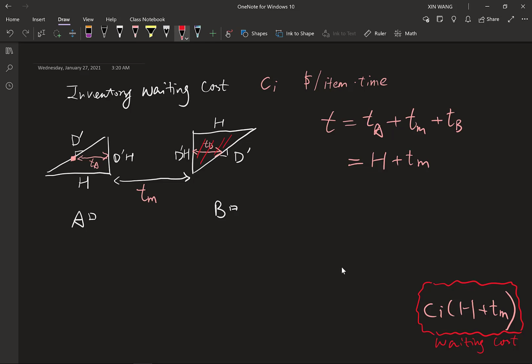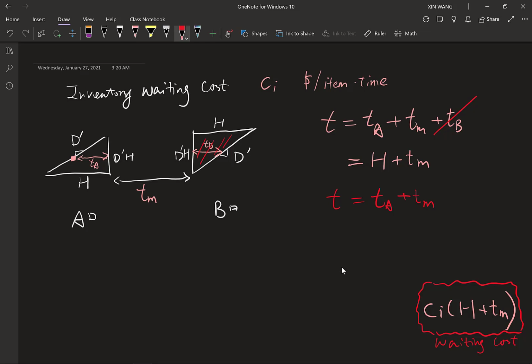So the travel time for human beings equals Ta, they are waiting at station A, plus the transportation time. So there's no waiting time at station B. So in this case, the total travel time for each person can be different.